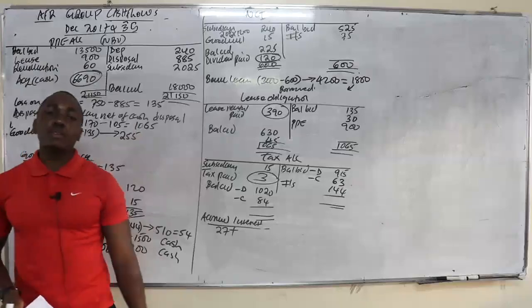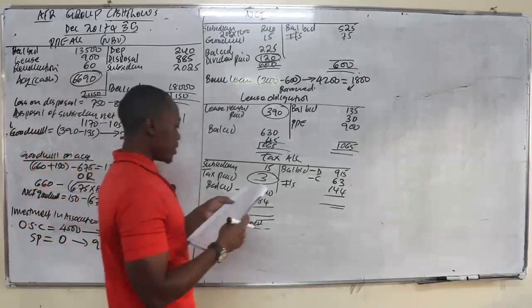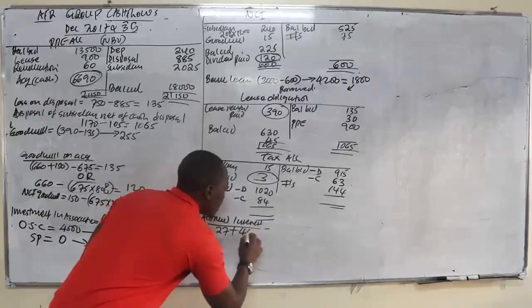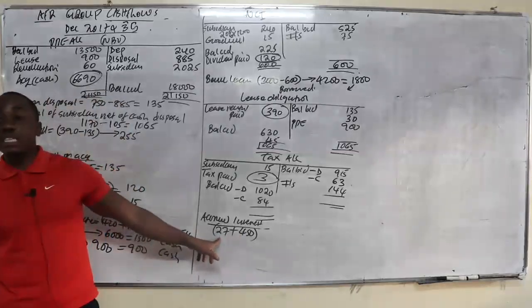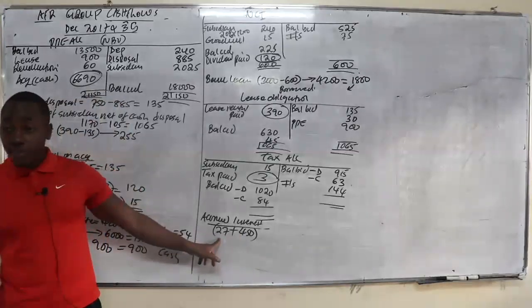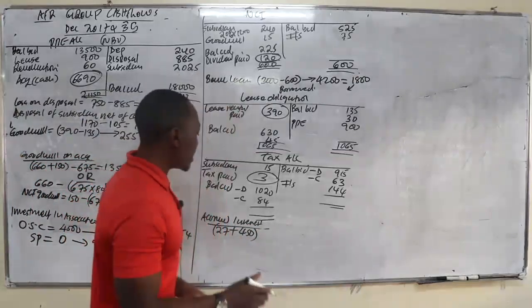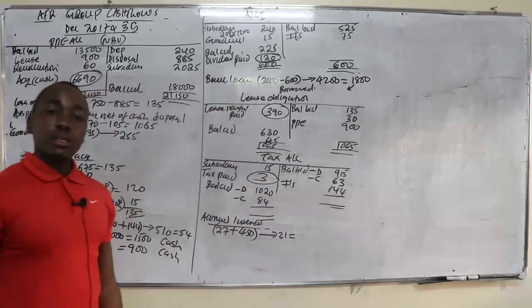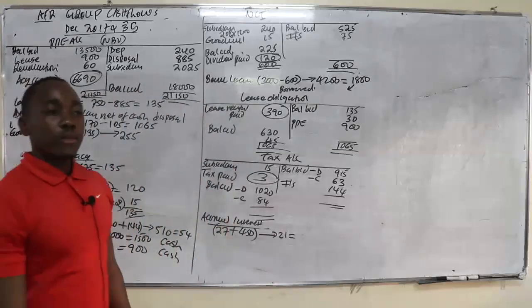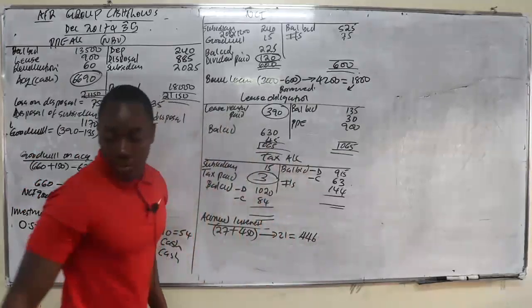Let's go to the income statement. We have the finance charge for the year. How much was the finance cost? 450. So that means it's 450 plus 27, you get 477. Then you compare again. How much is the closing balance? 21. It has reduced. So that means how much did we pay? 456.